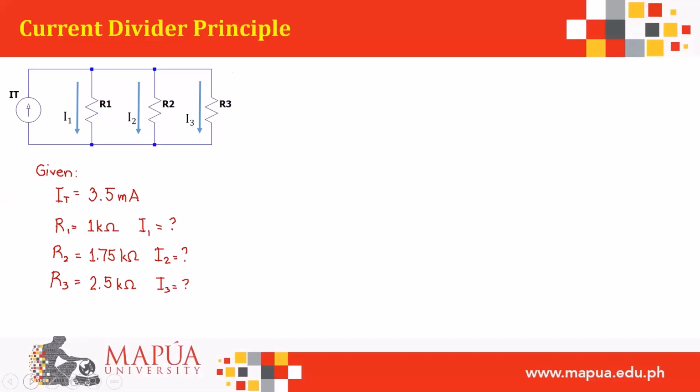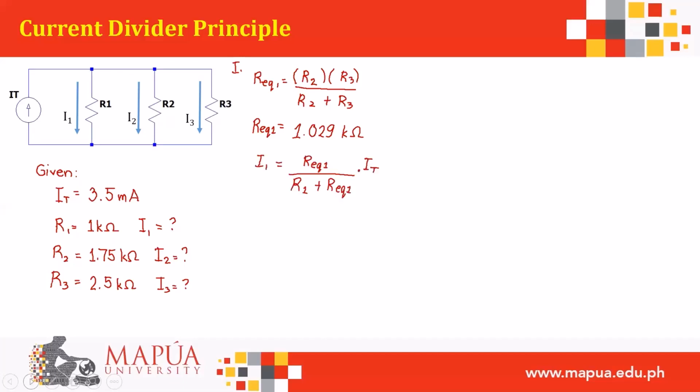Let's solve for the currents that flow through each branch. First, let's get the equivalent resistance of R sub 2 and R sub 3, since we're solving for the current I sub 1. Here we have 1.029 kilo ohms for the equivalent resistance 1.